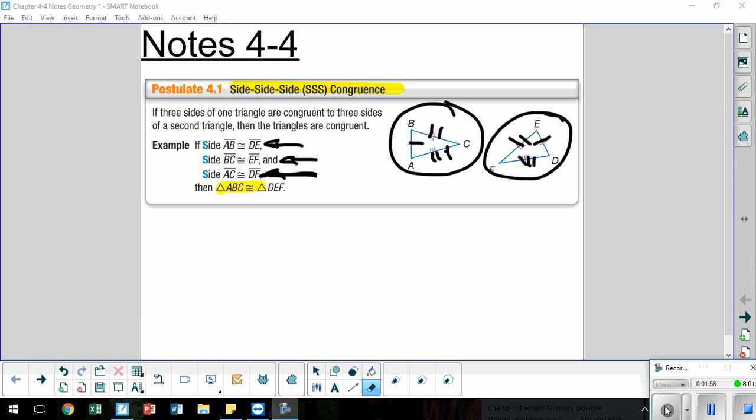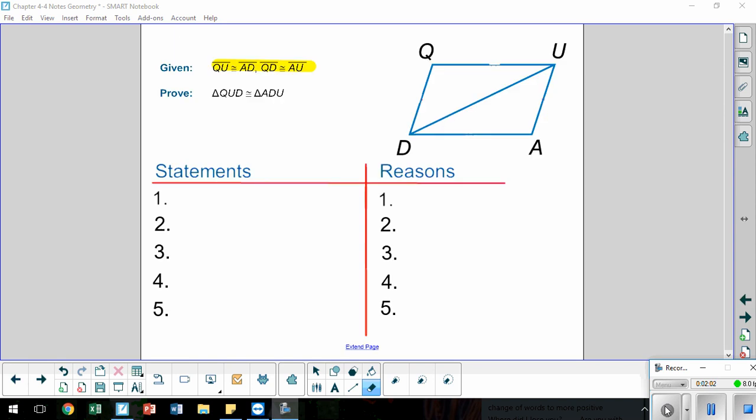So this right here is going to be your end statement. What I mean by that is when you're looking at proving this, this is going to be your end result.